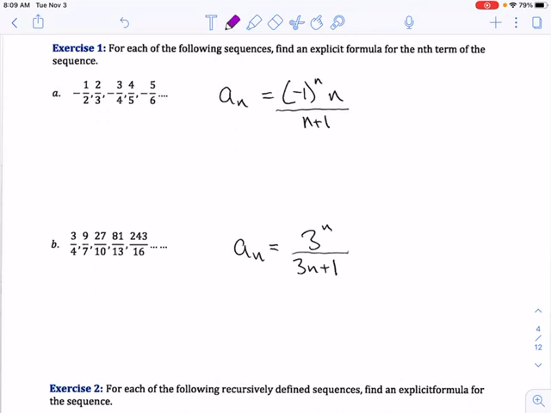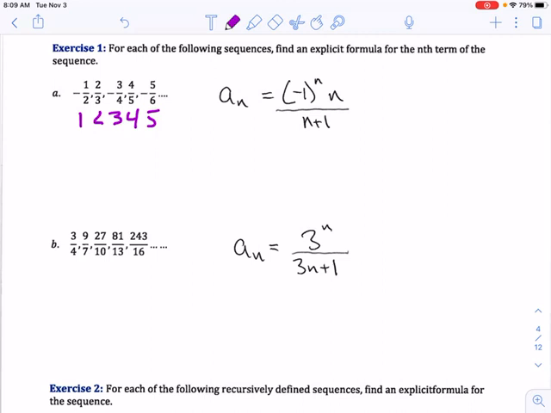When you're given a sequence, what I like to do is separate the numerator, separate the denominator. So in this first example, I look at the numerators and I see 1, 2, 3, 4, 5. Another thing I like to do is to label the n values, the domain values. So this first term corresponds to n equals 1, then n equals 2, n equals 3, 4, and 5.